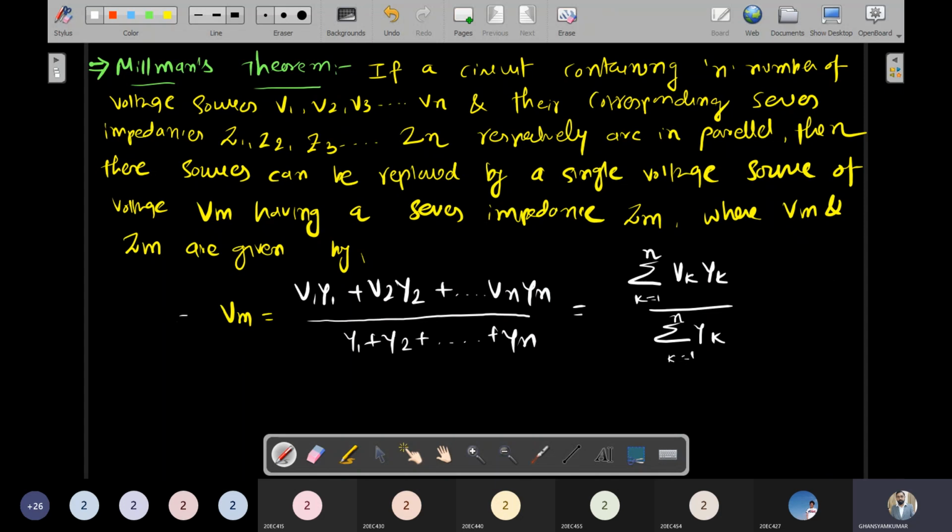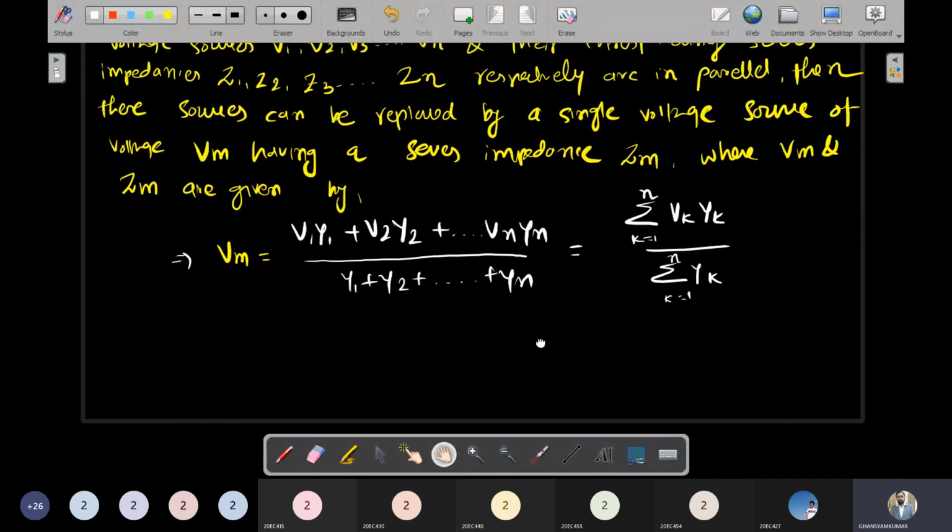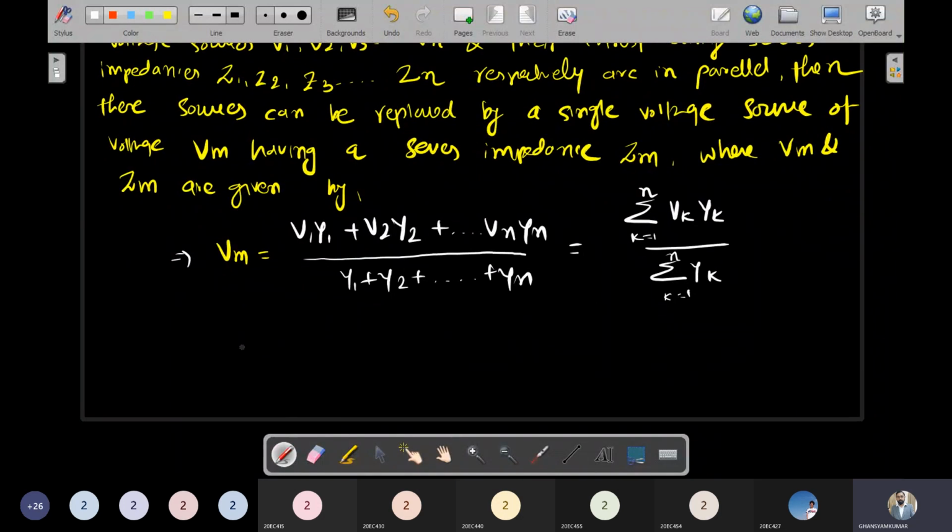So Vm can be solved using this equation, and the equation of Zm you can find as 1 upon y1 plus y2 plus up to yn.